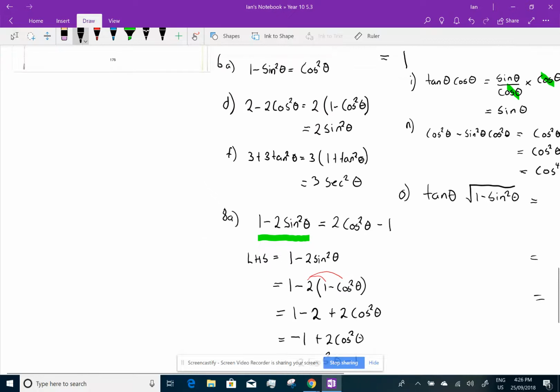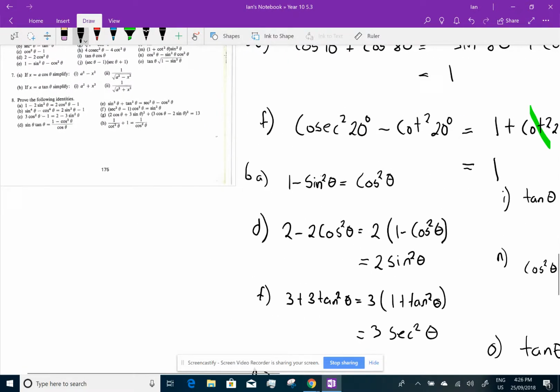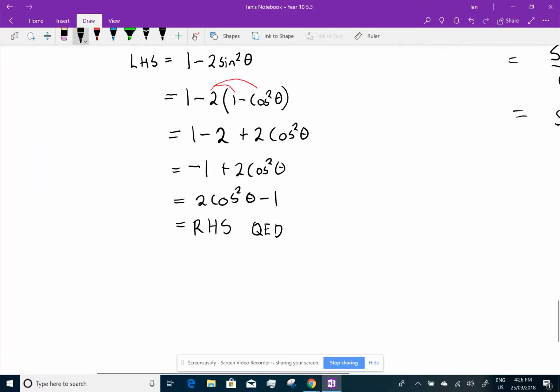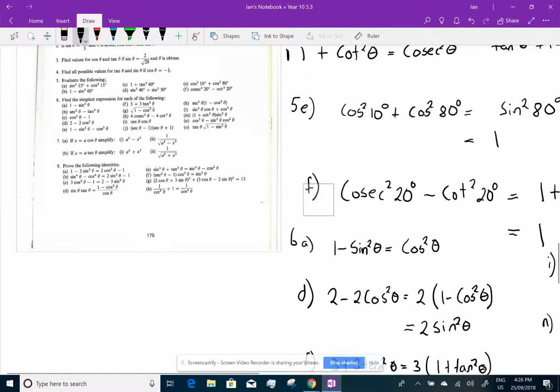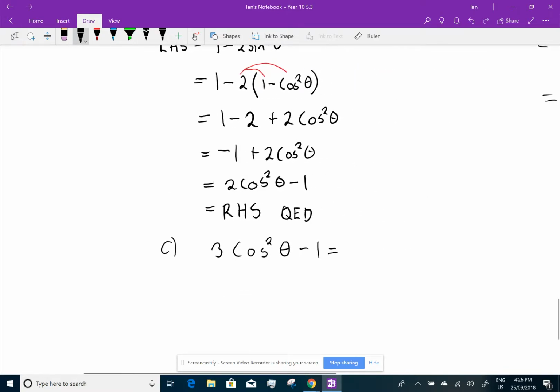Let's have a look at 8C. What do we got? 3 cos squared theta minus 1 equals 2 minus 3 sine squared theta.